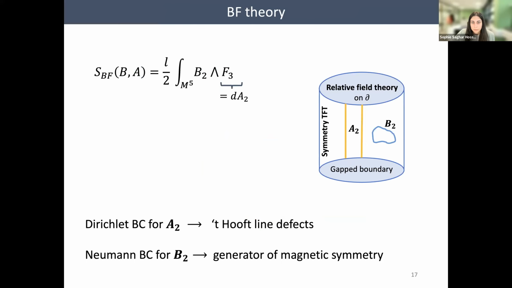Okay, also we saw before that choosing these boundary conditions gave us different symmetries. So when we chose Dirichlet boundary condition for A2, we got two lines, and then the B2 gave us the generators of the symmetry.